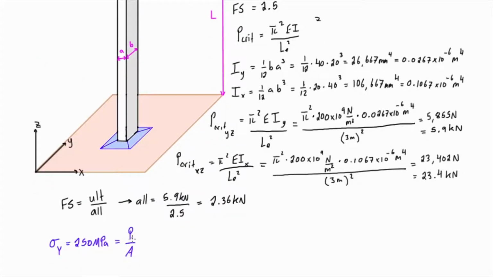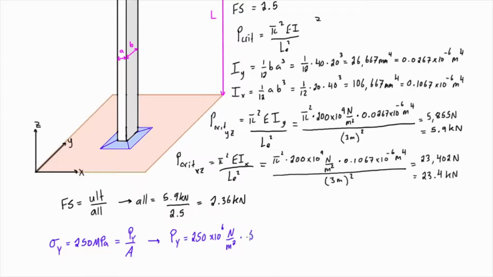And we'll be basically just calculating for our yield load here, the load that will cause yielding. So just multiply area by that yield stress, and we're going to get this expression here, where that yielding load, or the ultimate load basically, is going to be equal to 250 MPa times, and you know what, I like to write out the units like this, so 250 times 10 to the 6 newtons per meter squared times that area, which was 800 millimeters squared.